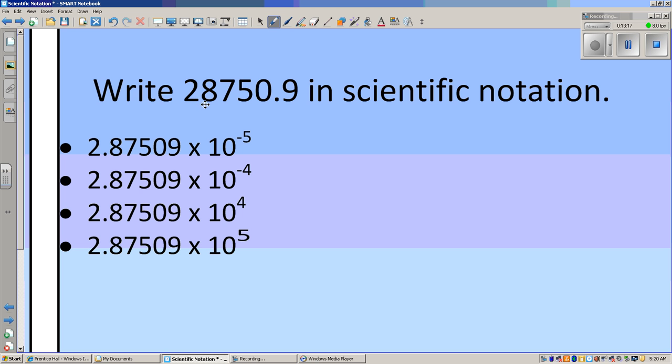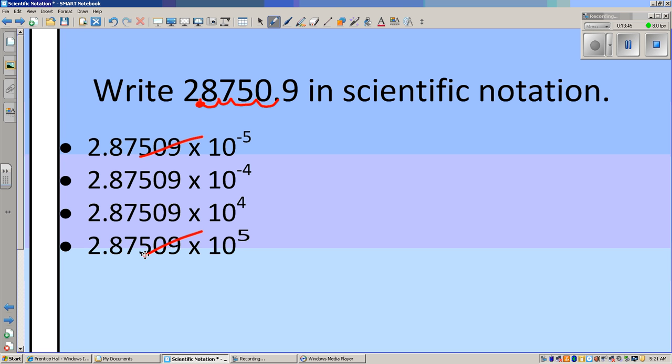If we move it to between the 2 and the 8, we get a number that's between 1 and 10. So we moved it 1, 2, 3, 4 places to the left. We know that 4 will be our exponent, since that's how many times we moved our decimal. That eliminates these two answer choices.